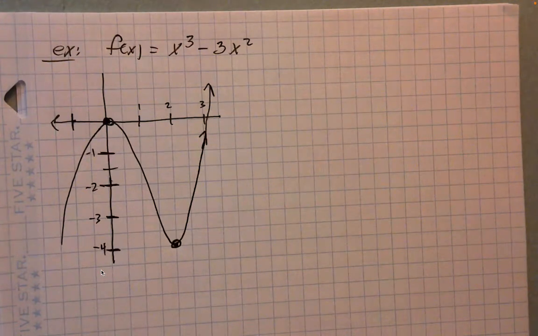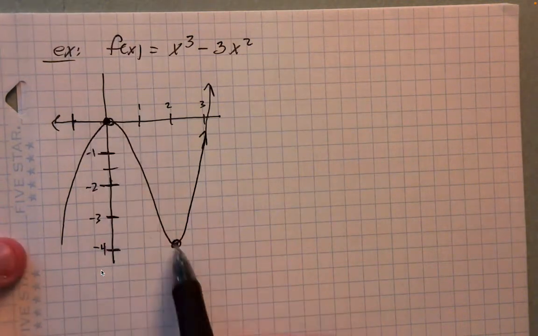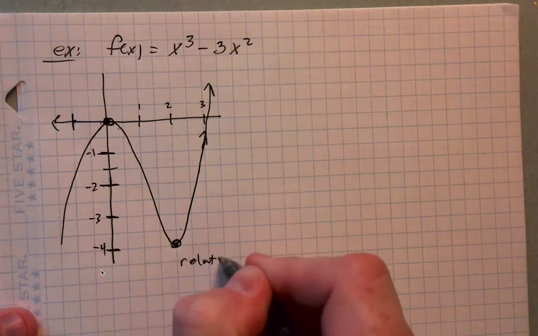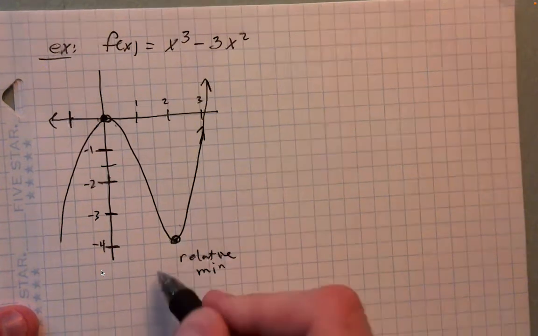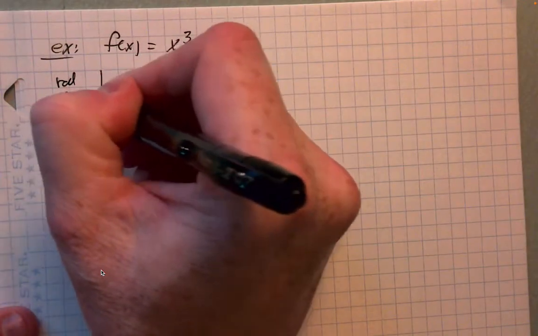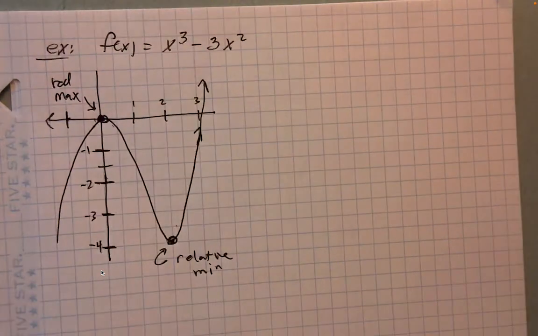So we can intuitively see the relative max and min are located in these two positions. This would be a relative min here and a relative max there, right?